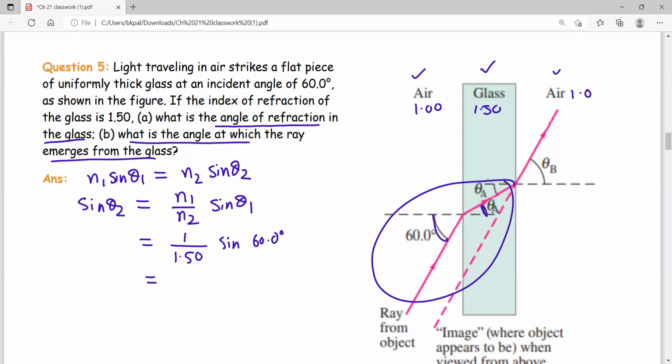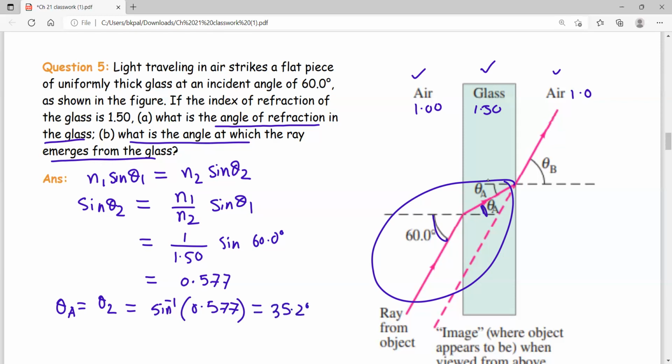And the right-hand side, if you do the calculation, you should get something like 0.577. So theta 2, or theta A here, is basically sine inverse of 0.577, and that gives me 35.2 degrees.